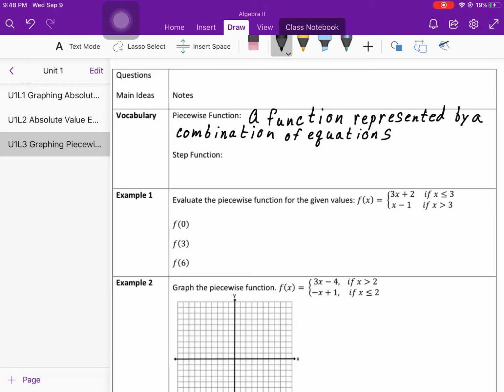And then a step function is a function that increases or decreases from one constant value to another.